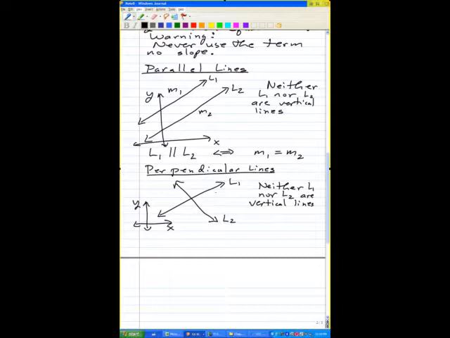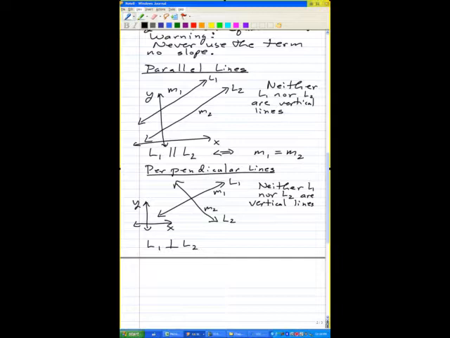So that means that L1 has a slope, say M1, and L2 has a slope, say M2. Then L1 will be perpendicular to line L2, denoted by this symbol here.